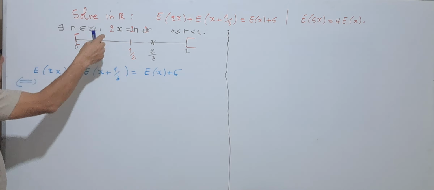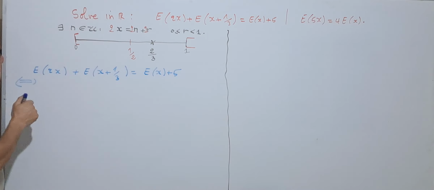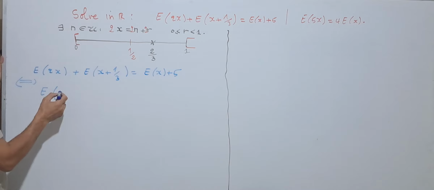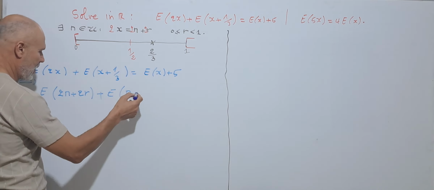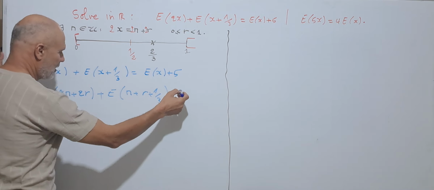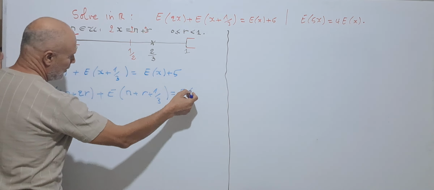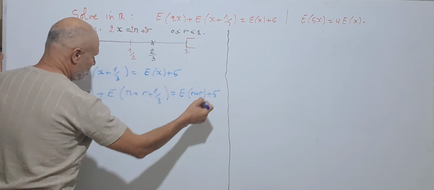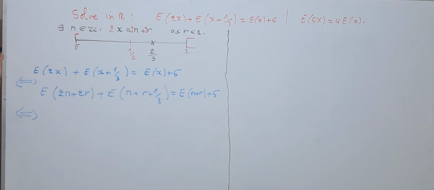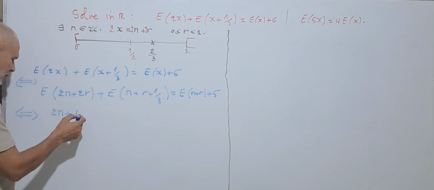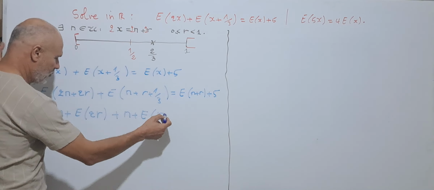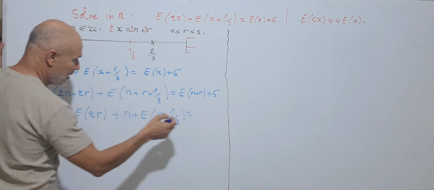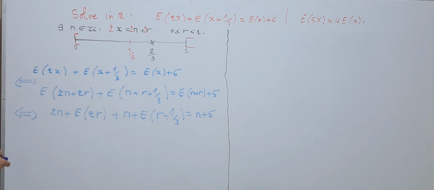Using this formula, this takes the form integer part of 2n plus 2r plus integer part of n plus r plus 1 over 3, equal to integer part of n plus r plus 5, which is equal to 2n plus integer part of 2r plus n plus integer part of r plus 1 over 3 equals n plus 5.